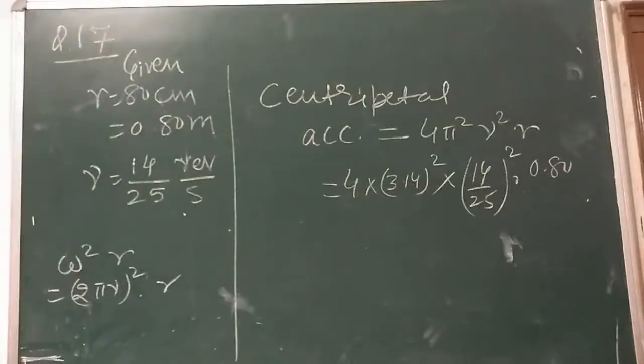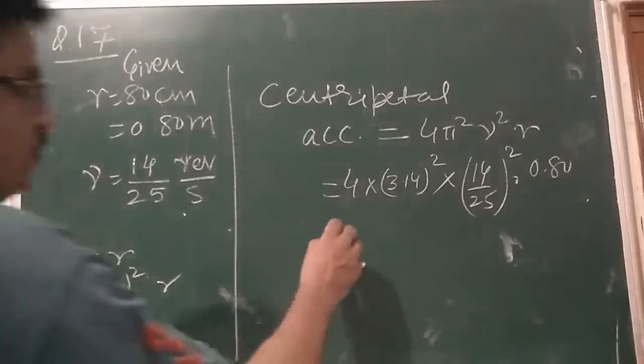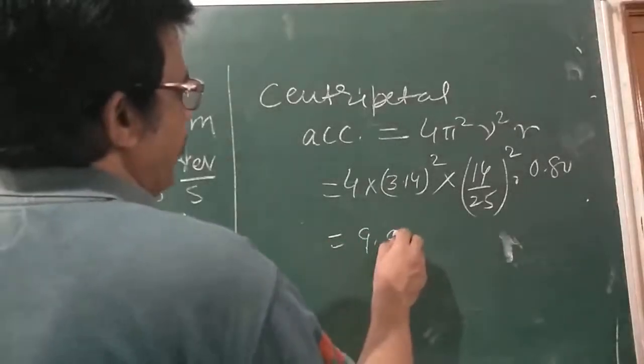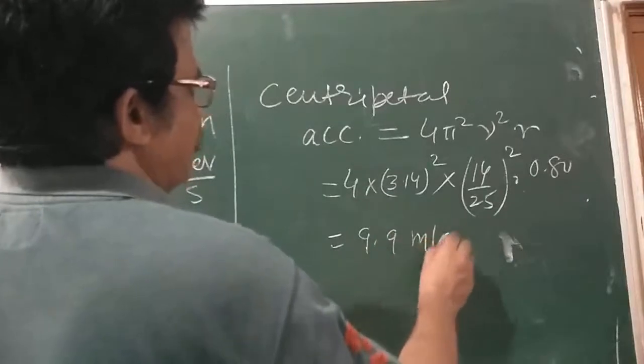Solve this. Again I am telling you, how much time you take to solve this simple mathematics totally depends on your practice. Once you solve this, you will get 9.9 meter per second square.